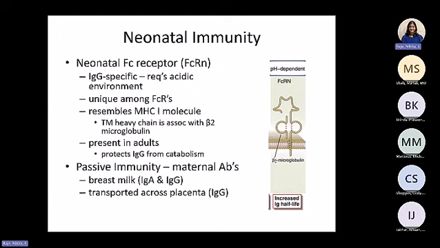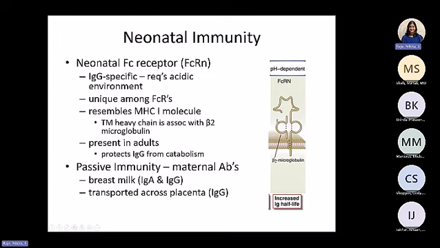This immunoglobulin receptor, or Fc receptor, has specific qualities that make it unique. It is IgG specific and requires an acidic environment, right? And its structure, if you remember the structure of MHC class 1 molecule, it is similar to that. It has that beta-2 microglobulin bound to a single chain that has that binding cleft here.